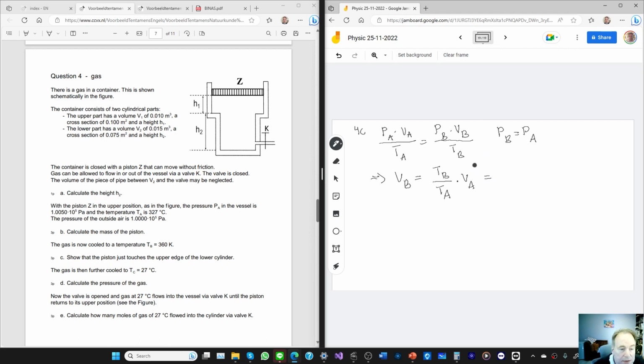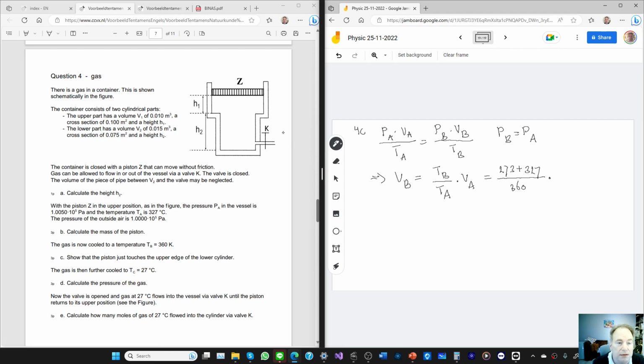Initially the temperature was 327 degrees Celsius, so in Kelvin, that's this. And we cooled it down to 360 in Kelvin.